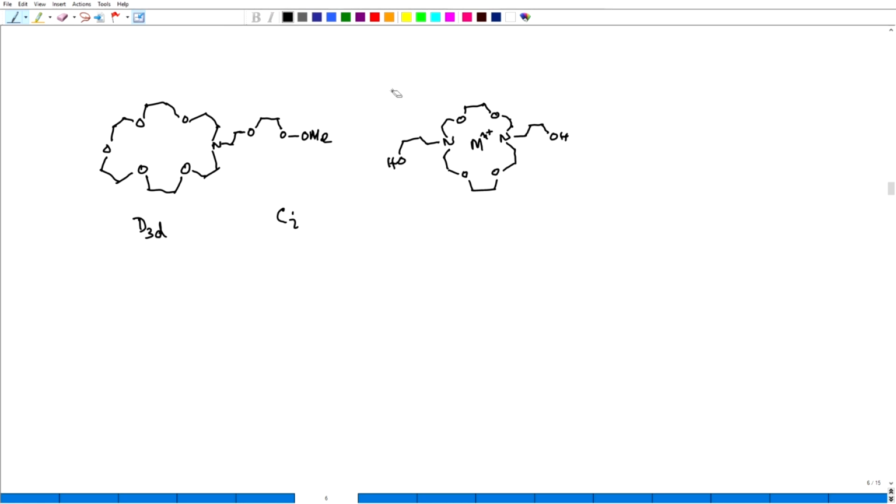Of course, all this goes with it, size must match, which metal will go and so on. So, this kind of compounds are called Lariat ethers. There is a large number of Lariat ethers known in the literature, all right.